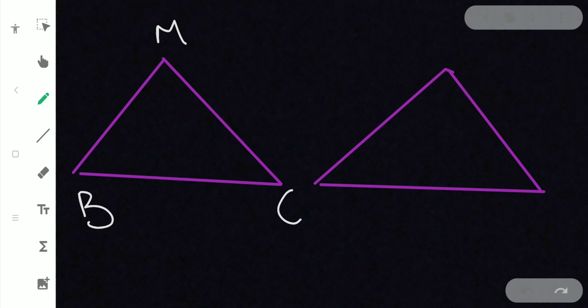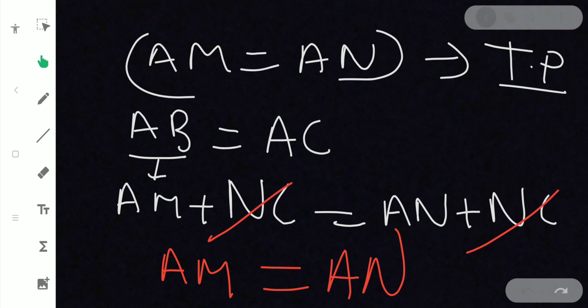BMC is congruent to CNB. So that's what they asked to prove. So we should prove that these two triangles are congruent.